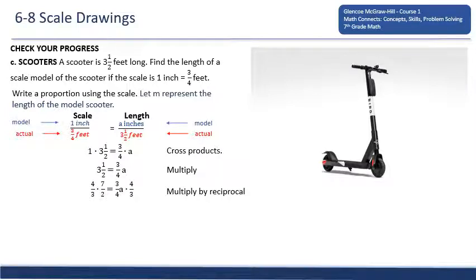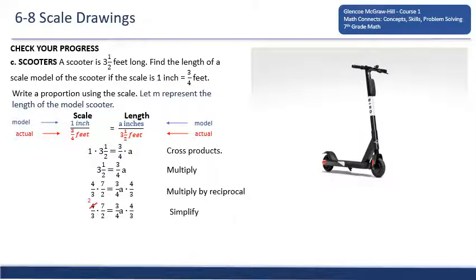So we get 4/3 times 3/4 A. That's easy to see, it's a reciprocal. And over here we had to change 3.5 into an improper fraction and then multiply it times 4/3, because whatever we do to this side, we have to do to the other side.